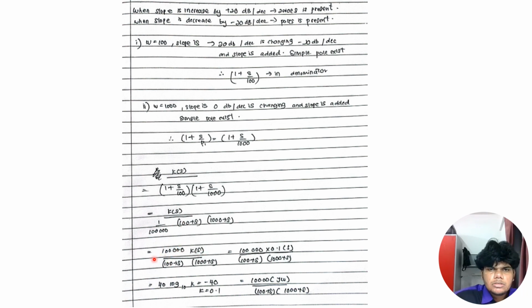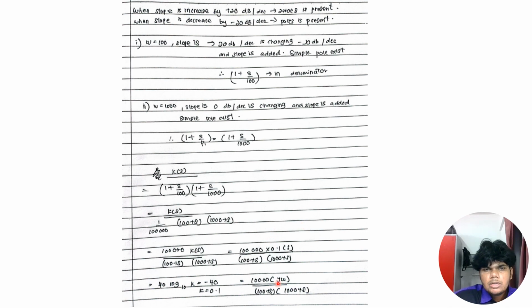So it becomes 100,000 k omega over 100 plus omega, 1000 plus omega, equals 100,000 times 0.1 omega over 100 plus omega times 1000 plus omega. So as you can see, this 0.1 value is the k.